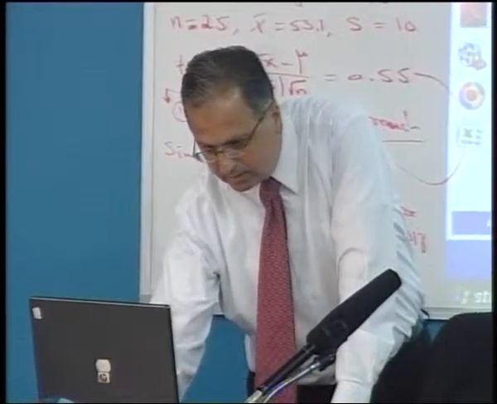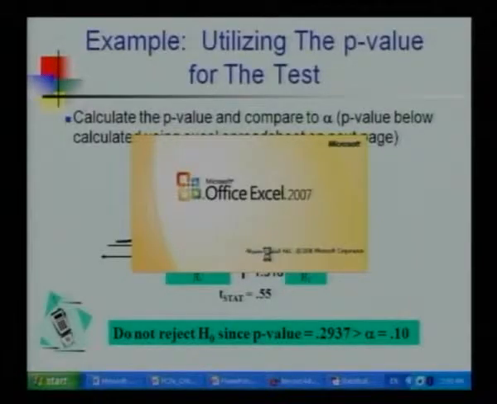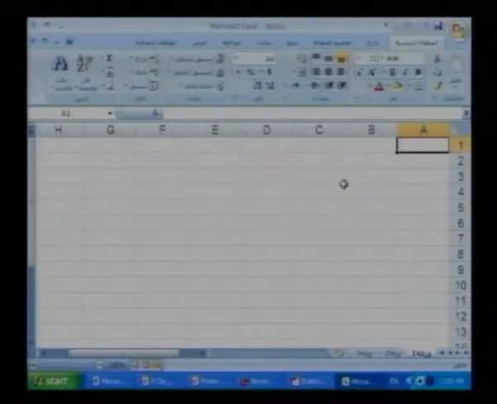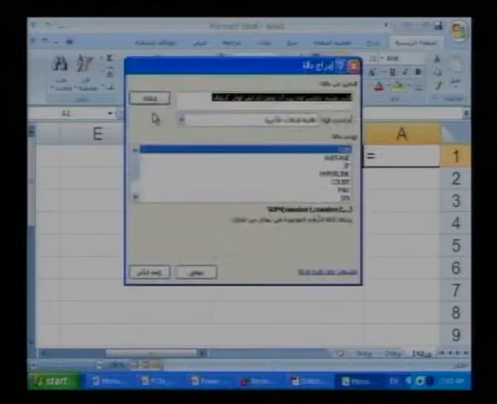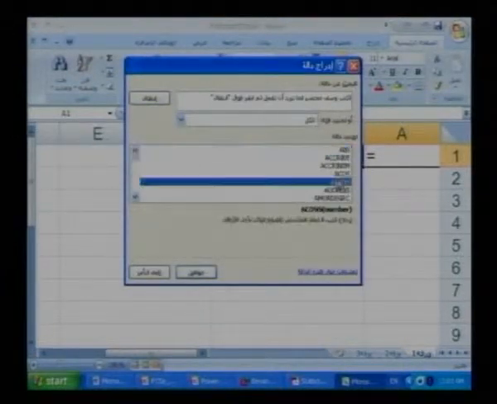I will use Excel to find the exact p-value. Here you may press on function. Then we have here T distribution.